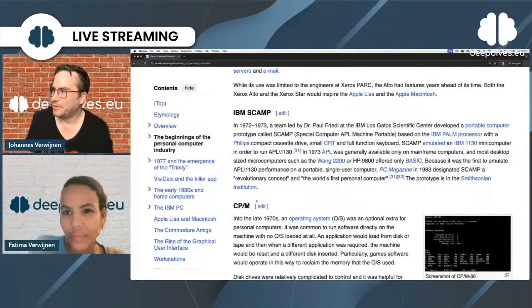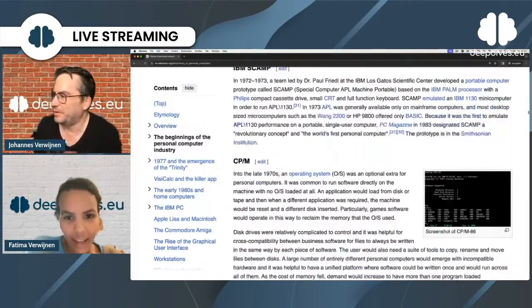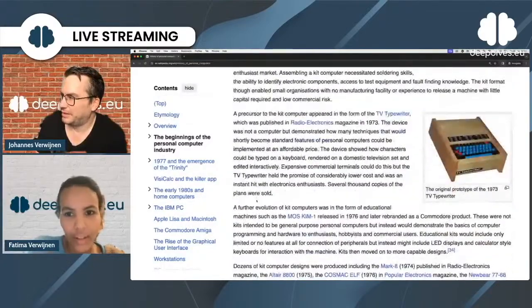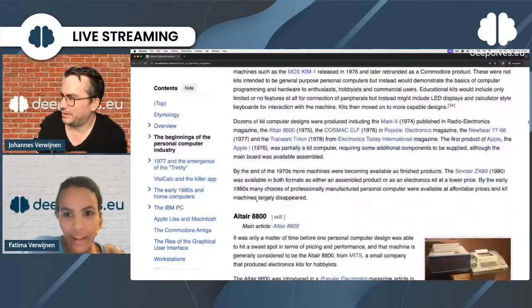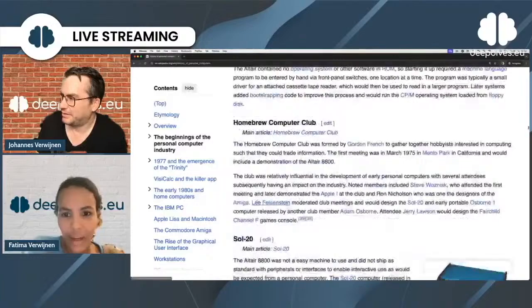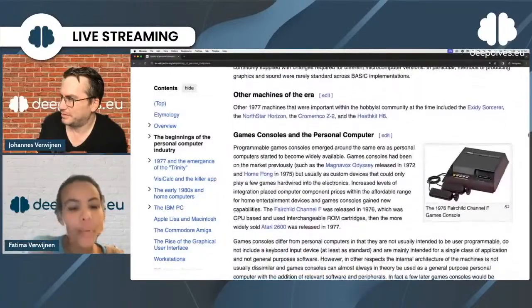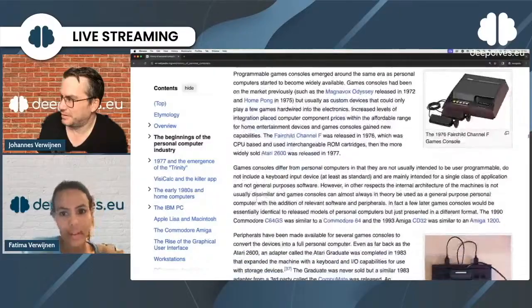A lot happened in this time. Like I said, this is a brief history of computing. There's a lot of things that happened there, but I think we have to show the Apple, because the Apple One. Yeah, we're gonna get there.